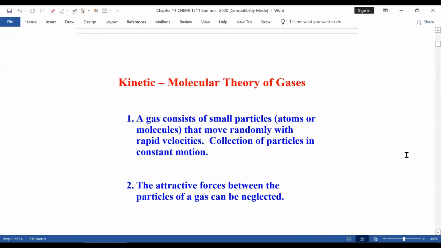All right, this won't be on a test, but it's still good background information. There's what's called the kinetic molecular theory of gases. And it's a series of statements explaining what is a gas. And the first one is this.